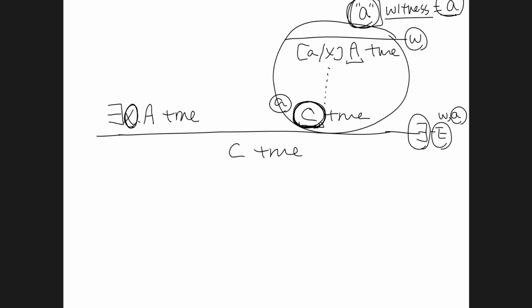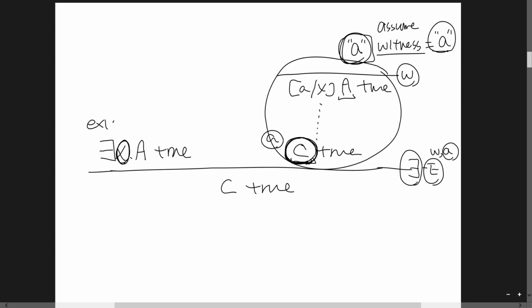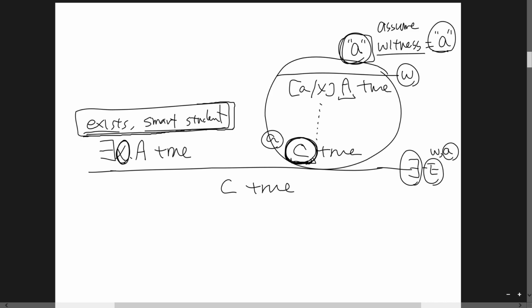So for example, let's say there exists in my class a smart student. I'd like to reason starting from this judgment, this fact.